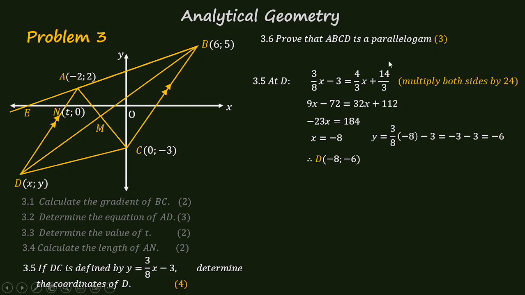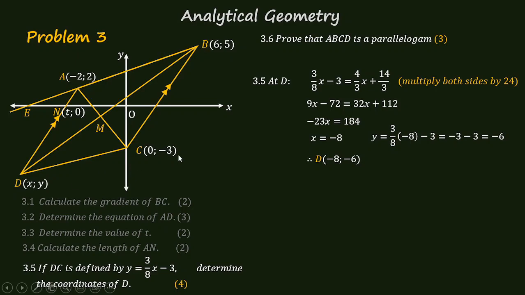The last question wants us to prove that ABCD is a parallelogram. We already know, because this is given to us, that AD is parallel to BC. So what is left for us to do is to prove that AB is parallel to CD.